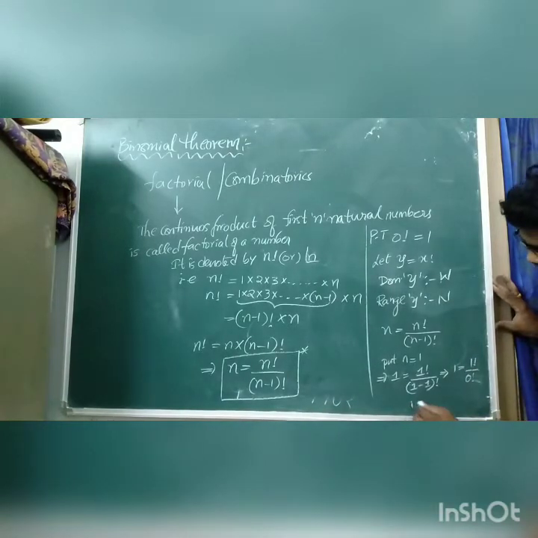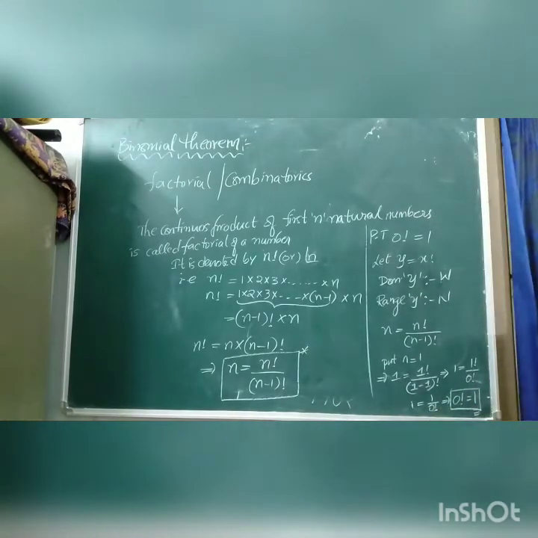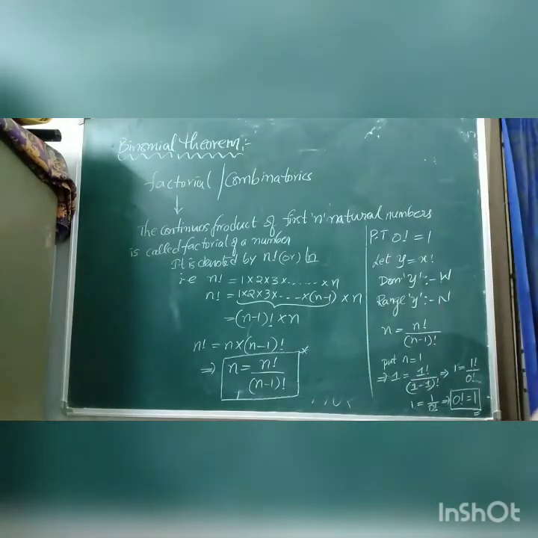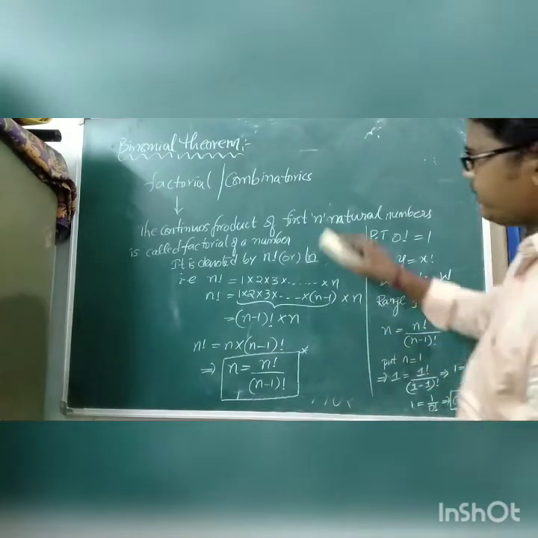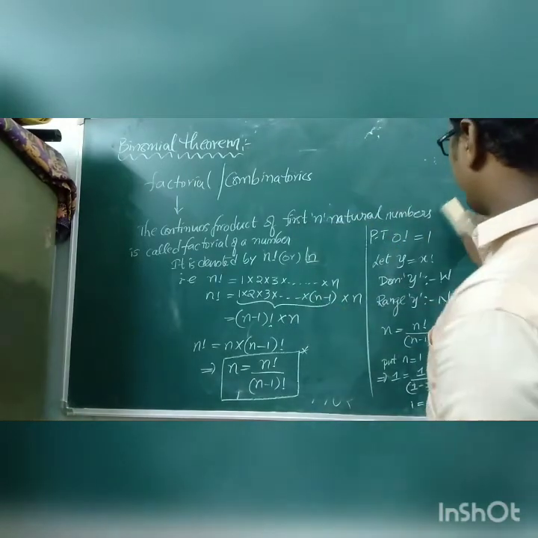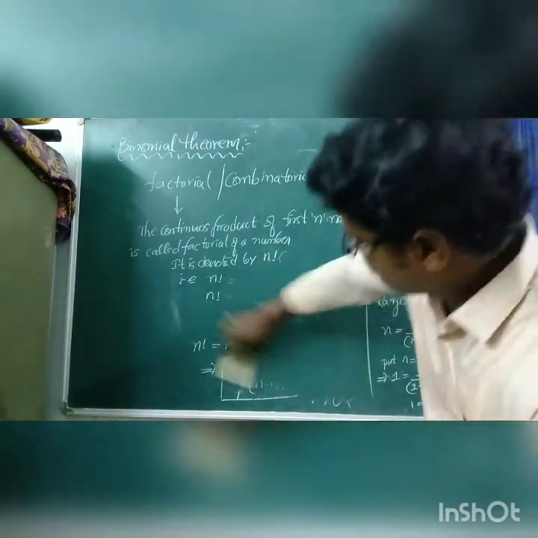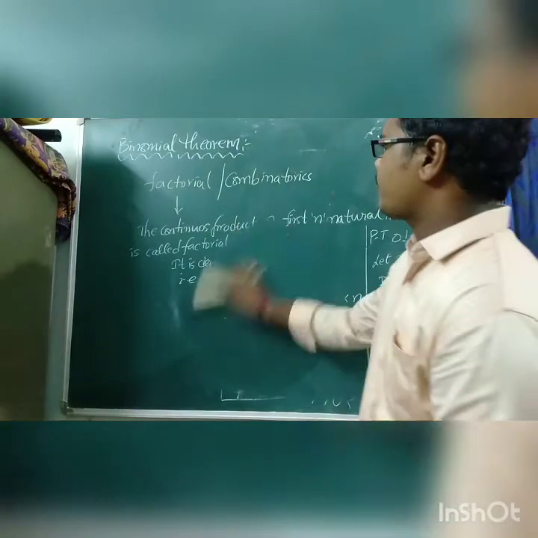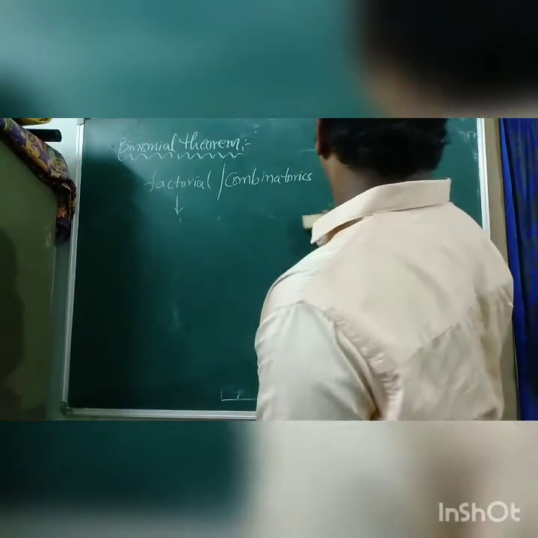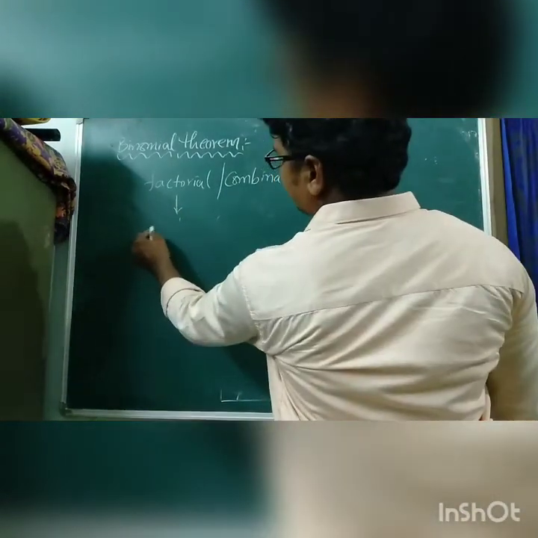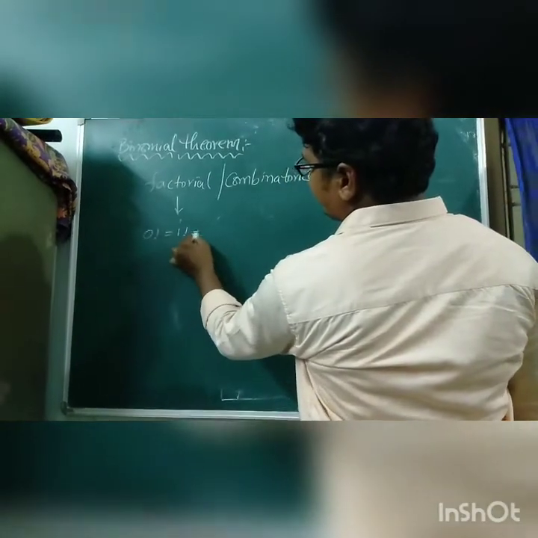Now 1 equal to 1 by 0 factorial. Transposing, 0 factorial into 1 becomes 0 factorial, and the value of 0 factorial equals 1. That's it. So we learned that 0 factorial equals 1, and also 0 factorial equals 1 factorial equals 1.